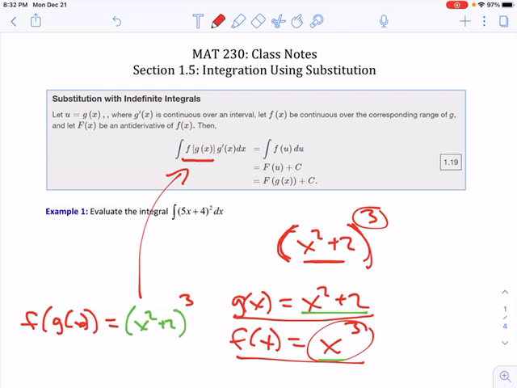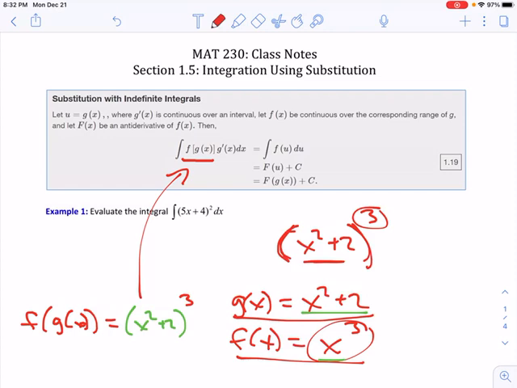As I started saying before, when finding derivatives of a composite function, you use the chain rule. Well, to find the antiderivative of a composite function, we use substitution. So substitution is the antiderivative's counterpart to the chain rule for derivatives.